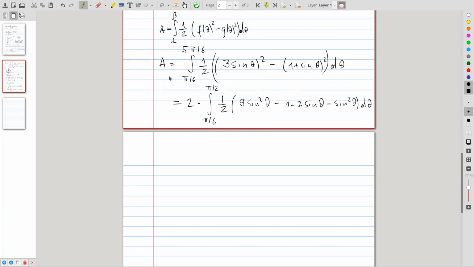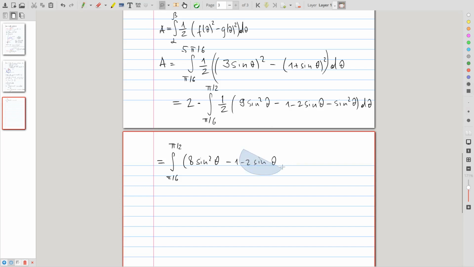Great. So the 2 will cancel with 1/2, and we'll end up with the integral from pi over 6 to pi over 2 of 8 sine squared theta minus 1 minus 2 sine theta.